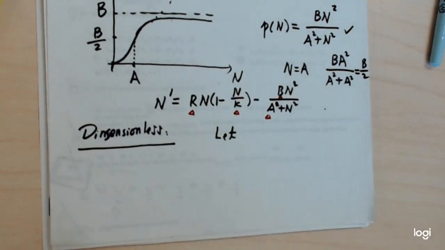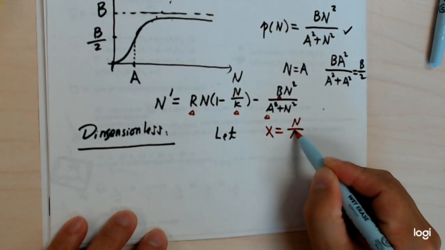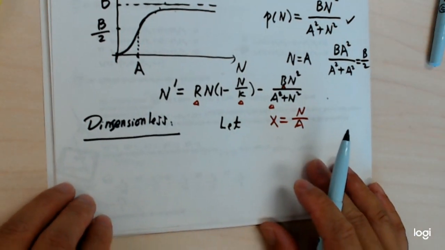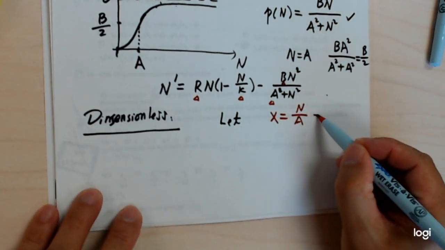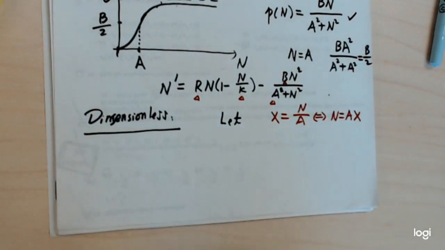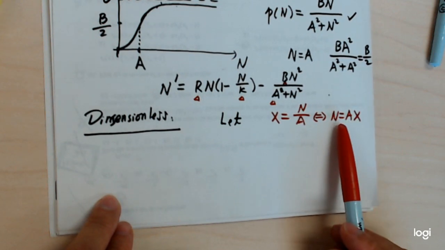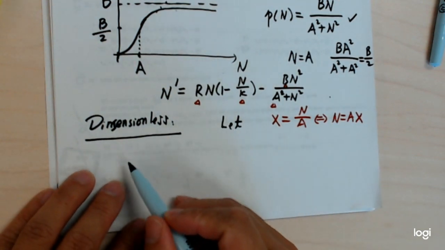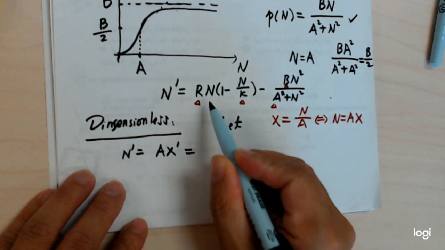So we let x be n over a, which of course is equivalent to n equal to ax. Now x here is a function of t. A here is the parameter in the equation. So when you do n prime, it'll be a x prime, and that equals the right side here.